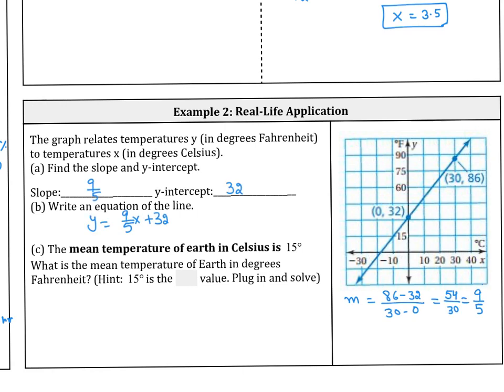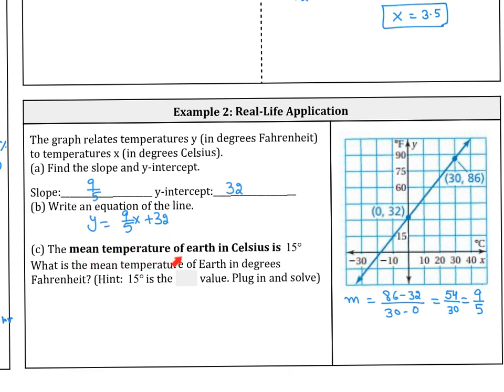So the slope is 86 minus 32 divided by 30 minus 0, which is 54 divided by 30. You can reduce it by dividing by 6, so it's going to be 9 over 5. So the slope is 9 over 5 and the y-intercept is 32. So the equation of the line is y equals 9 over 5 x plus 32.